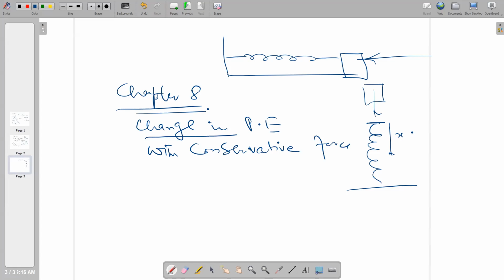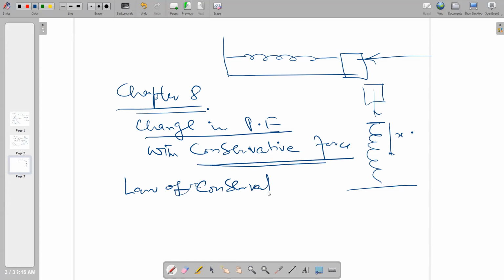Because we can find the change in potential energy only in conservative forces, not in non-conservative forces. The second thing we want to discuss is the law of conservation of energy. We want to see it like this one.